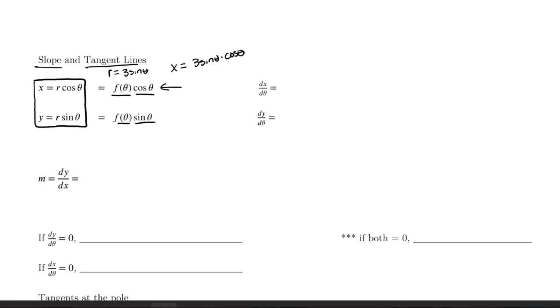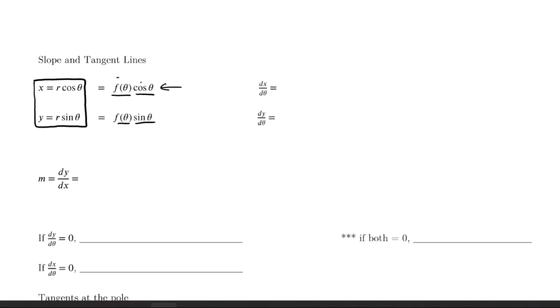So if you're looking at this function of theta times cosine theta, and I were to ask you to take the derivative of x with respect to theta, I'm hoping you recognize that this would be product rule, because it is a product of some function f and cosine.